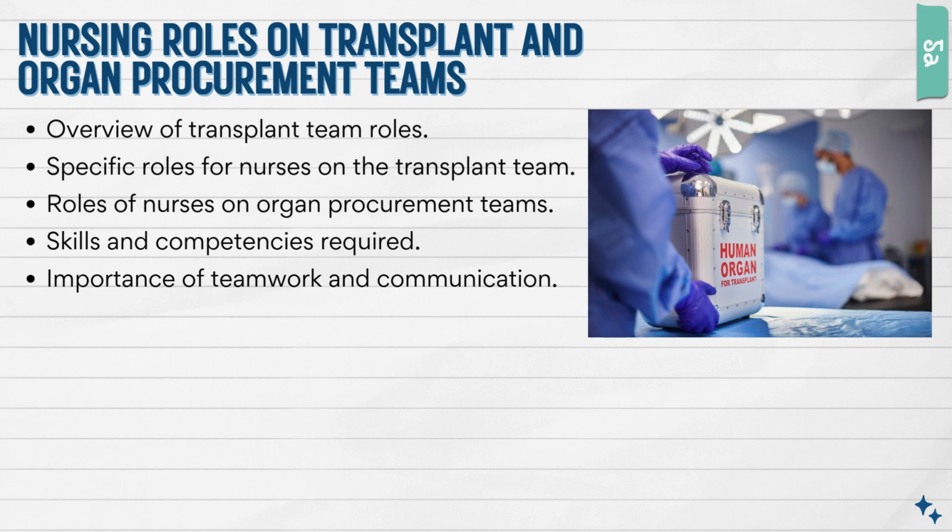This includes patient education, administering immunosuppressive therapies, and monitoring for signs of organ rejection or complications after the transplant. Nurses on organ procurement teams are primarily responsible for donor management, ensuring that the organs remain viable from the time of identification to retrieval. This requires a deep understanding of hemodynamic management, infection prevention, and the physiological needs of the donor.